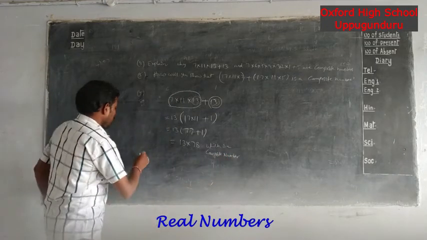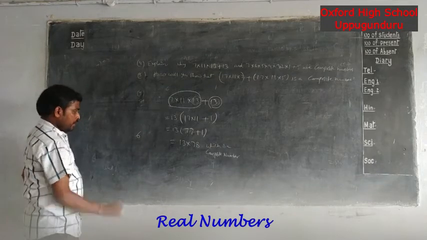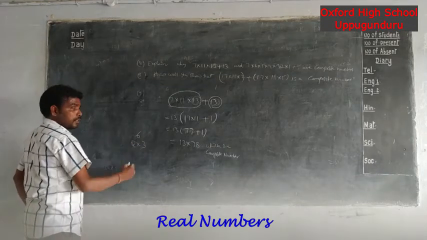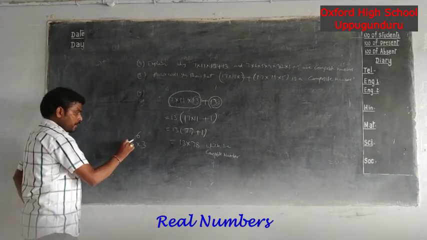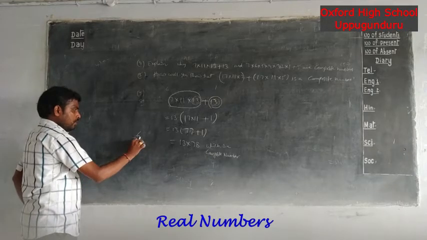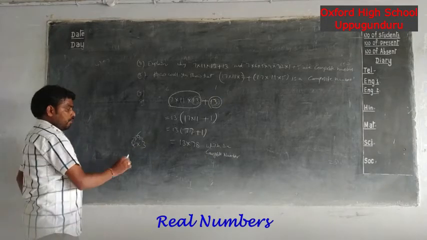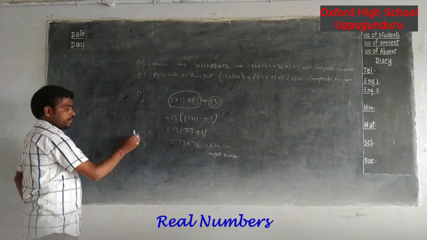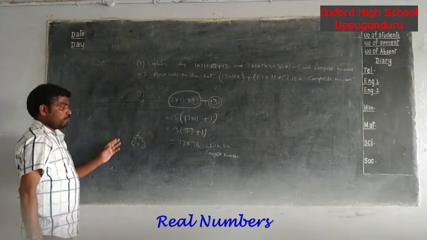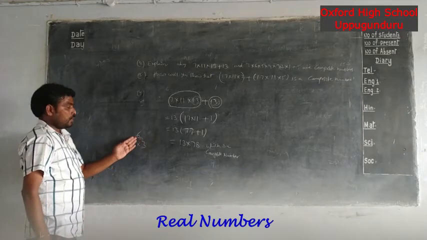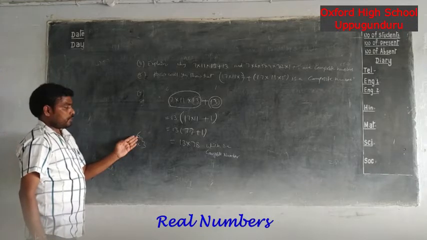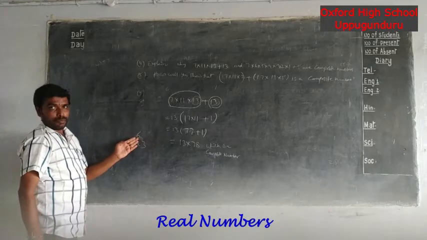Why? Because when you write 6 as a product of 2 and 3, 2 is a factor of 6, 3 is also a factor of 6. When you multiply these two, you will get 6. 6 is a factor of itself, 1 is a factor of 6 also. You will get more than 3 factors. That's why it is a composite number.